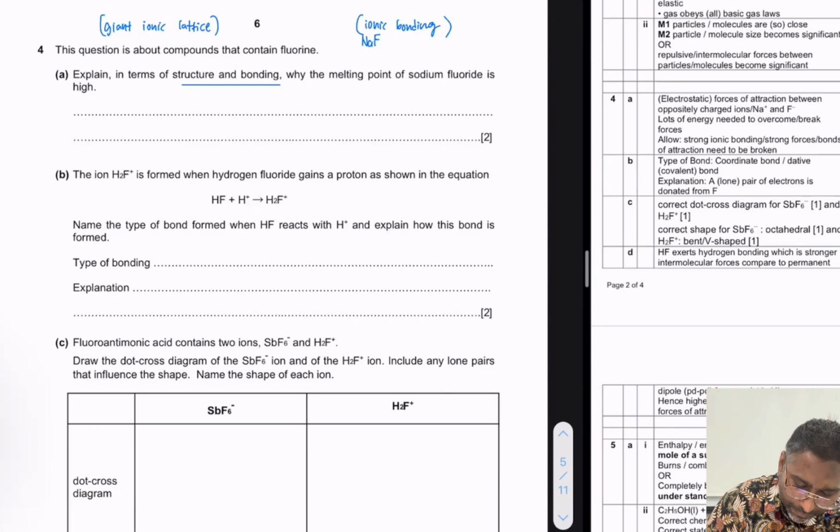So here, sodium fluoride, NaF, is going to be ionic bonding.